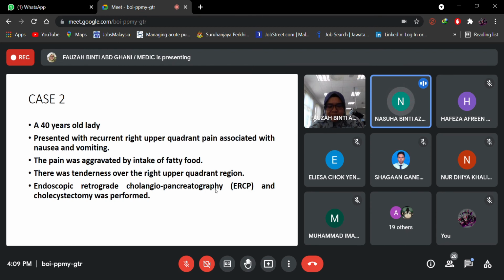So since it is already inflamed, when it contracts it causes pain. That's why there is aggravation of the pain after fatty food intake. Then the tenderness, I suppose it's due to the inflammation as well. And nausea and vomiting too, the symptoms that come along with cholecystitis.